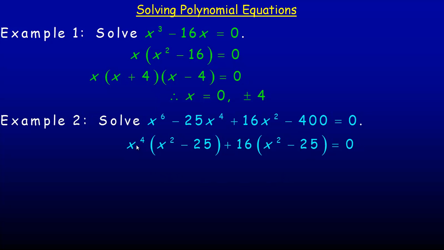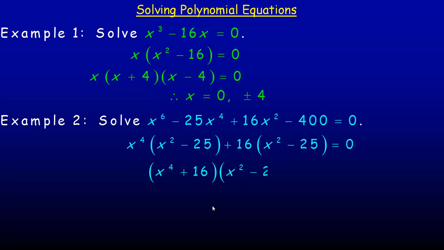By factoring the x to the 4th out of the first 2 terms and the 16 out of the 3rd and 4th terms, notice that what's in the brackets are the same 2 terms, the same binomials. So we can common factor an x squared minus 25 out of both parts.